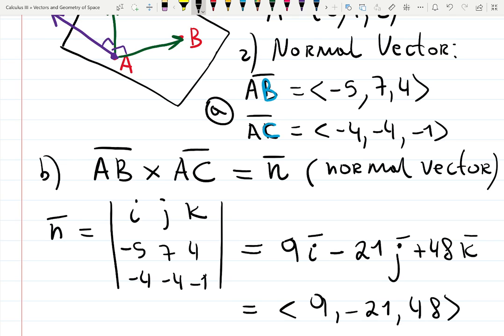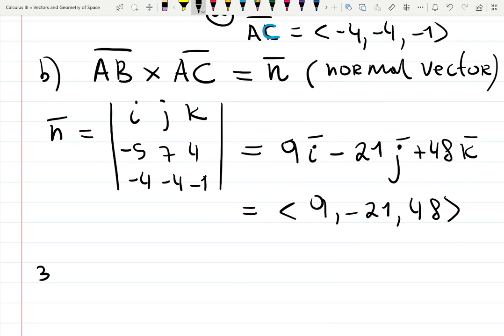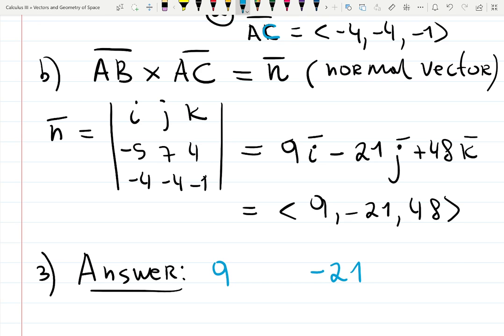Nice. We are almost done, one step away from the answer. Step 3, the answer is just a part of the formula. Remember, normal, normal, normal. I will just multiply like so. It's fine. (9, -21, 48).